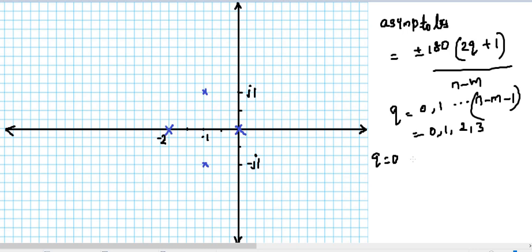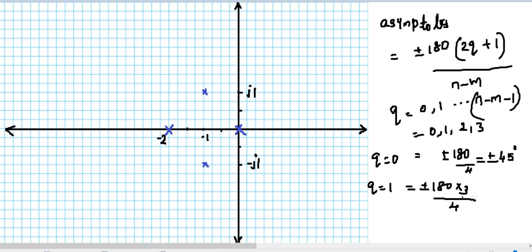So when the value of q is equal to 0, we will get the angle of asymptote is plus or minus 180 divided by 4, that is equal to plus or minus 45 degree. And the value of q is equal to 1, we will get plus or minus 180 into 3 by 4, that is equal to plus or minus 135 degree.